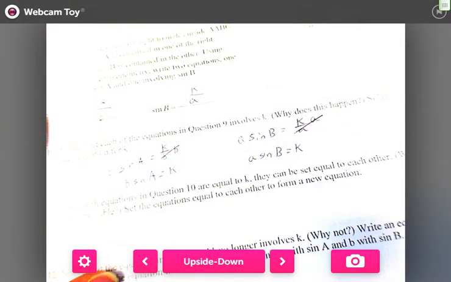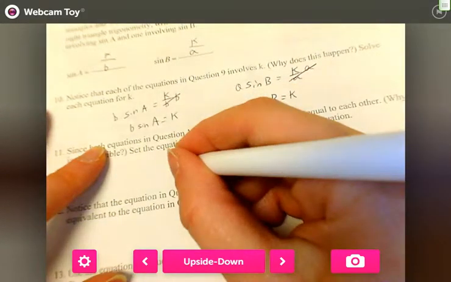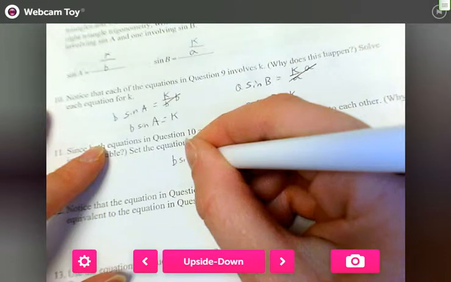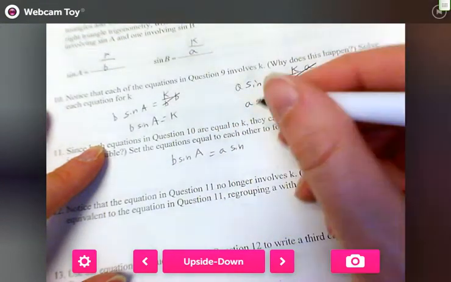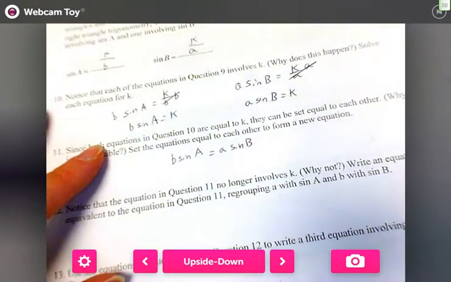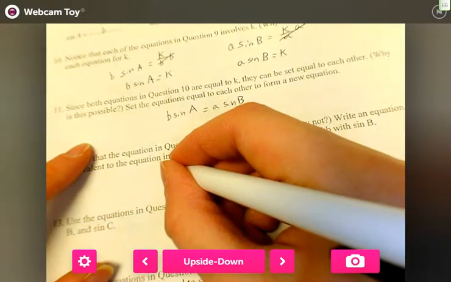Now it's asking me to set them equal to each other. Little b sine A equals little a sine B. Now it's asking me to regroup. Am I going too fast?